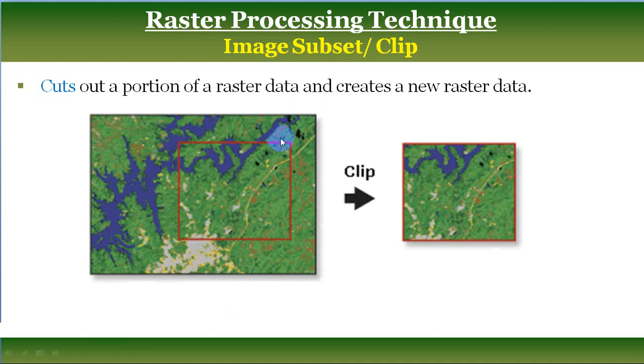For example, in this larger image, this portion we cut out and save in a new raster, so your original raster will not be hampered at all. So this technique is called image subsetting or image clipping. From a larger image, a certain smaller portion we can cut out.